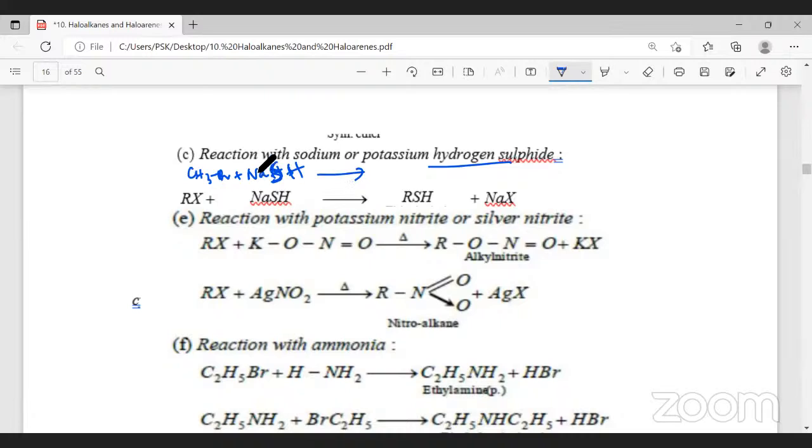Na and Br get eliminated as NaBr, and in place of Br, SH goes. Therefore, you get CH3SH. This reaction is not in the syllabus, but remember, it is again a nucleophilic substitution reaction.